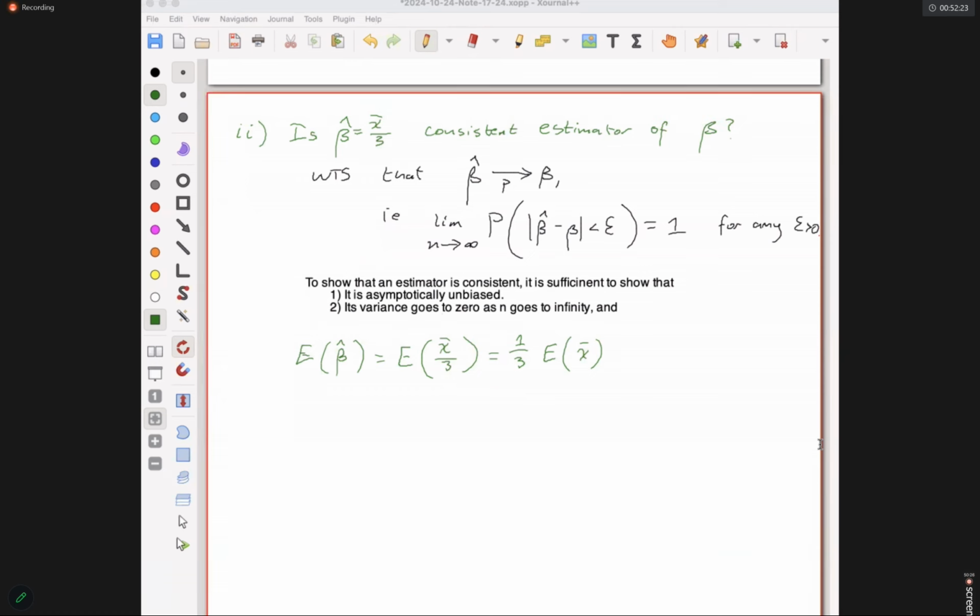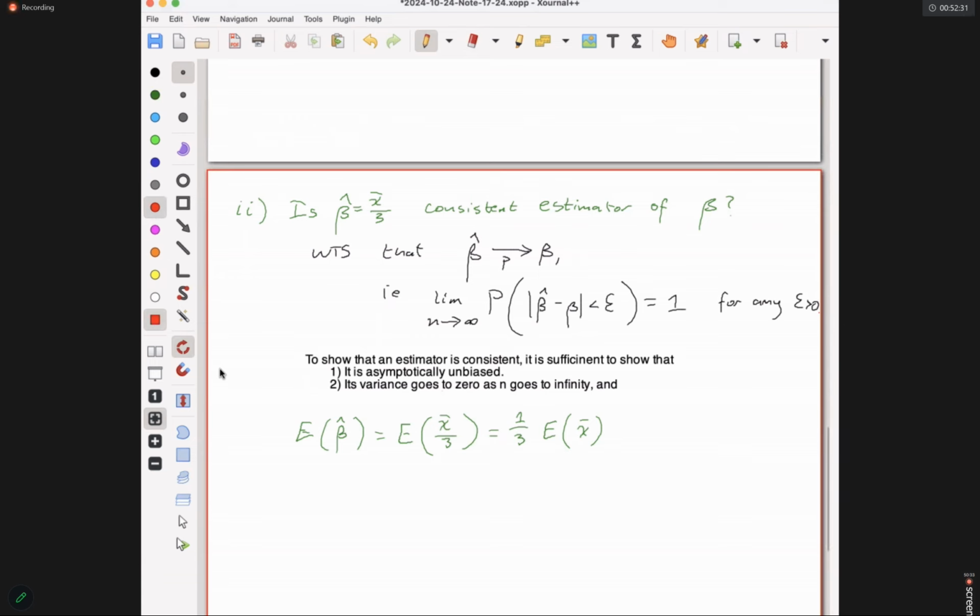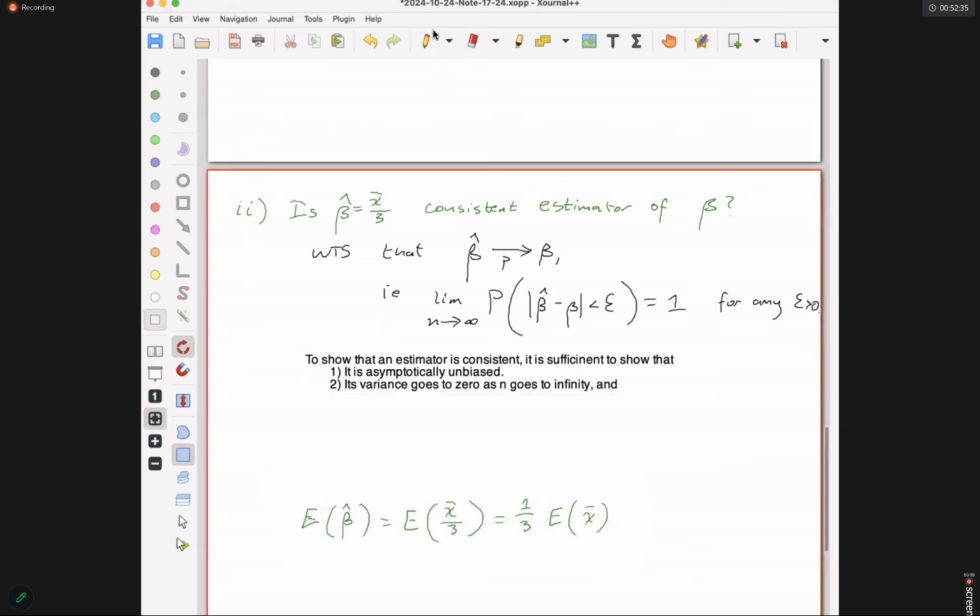This is super important to remember: if the expectation of x exists, the expectation of x bar is just equal to the expectation of x.